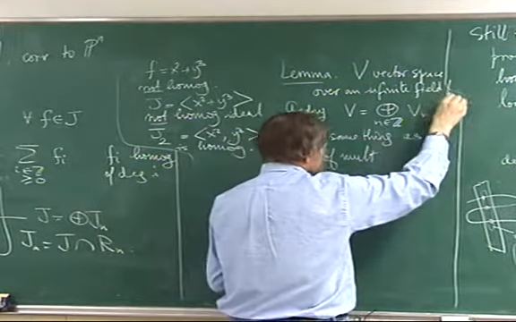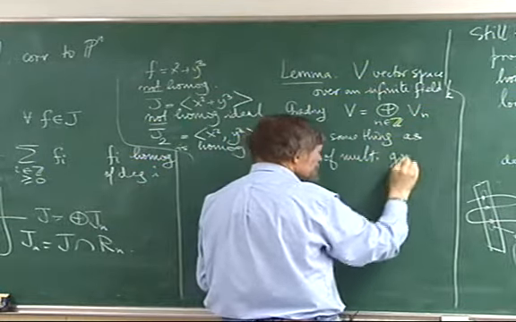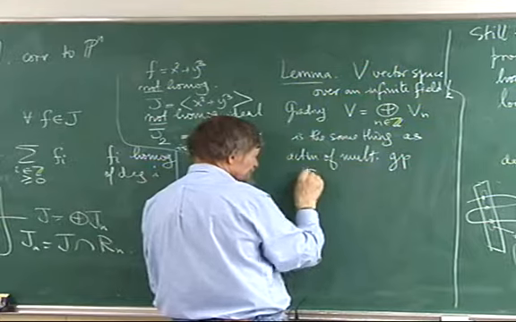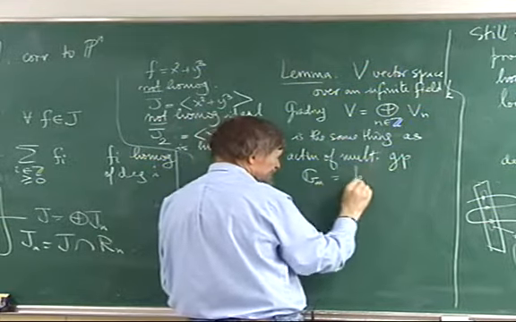So if I call this K, the multiplicative group, let me write G_m, or K multiplicative.